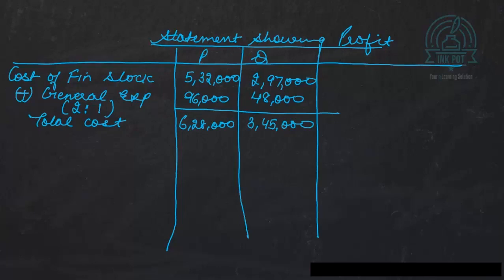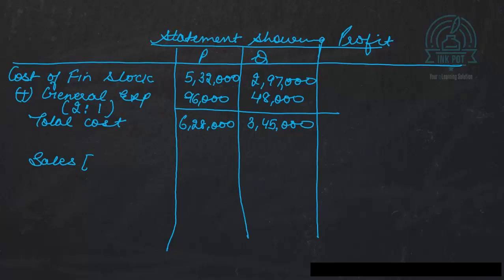Now we have sales. Sales is equal to output into selling price. The selling price of P is 400 and the output of P is 2000 units.